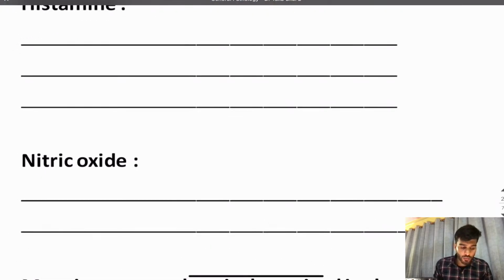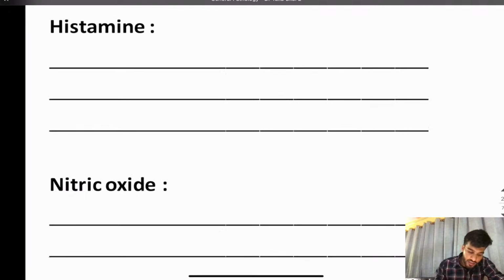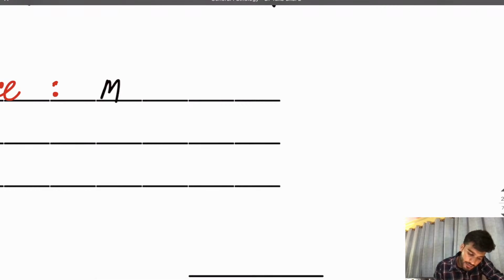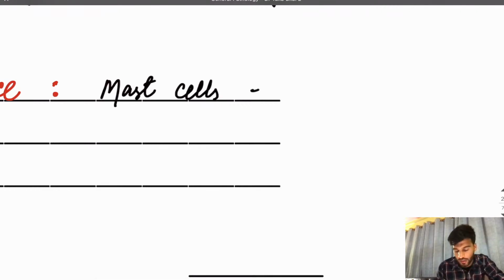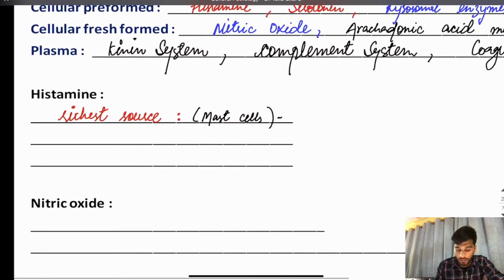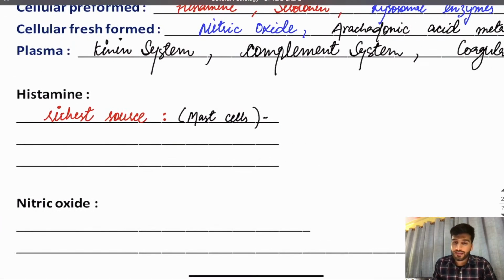If I talk about the first one, guys, histamine. The richest source of histamine is which cell, guys? Mast cells. Just remember mast cells only.